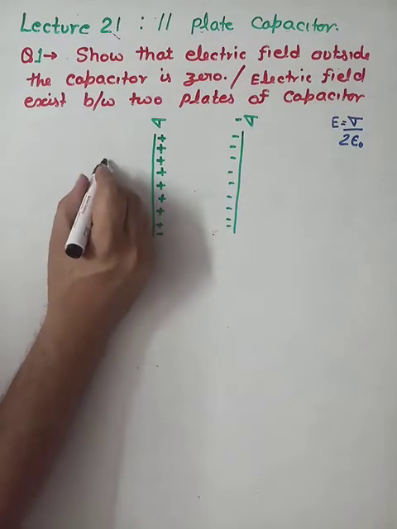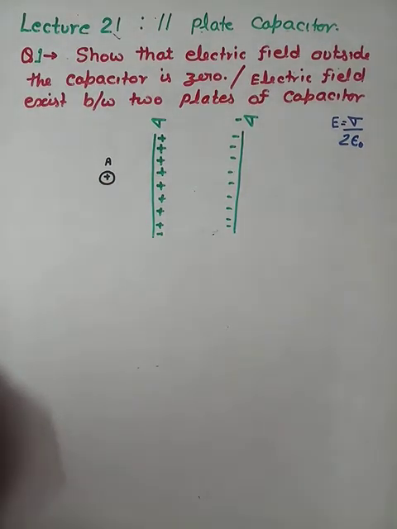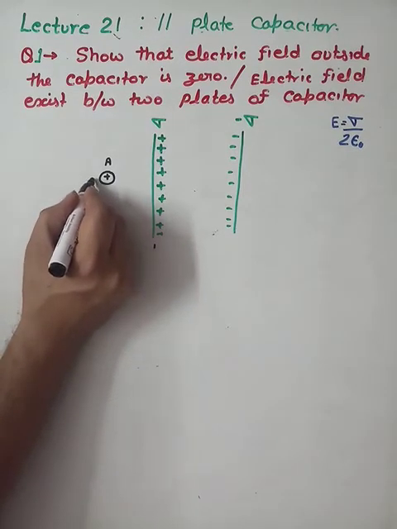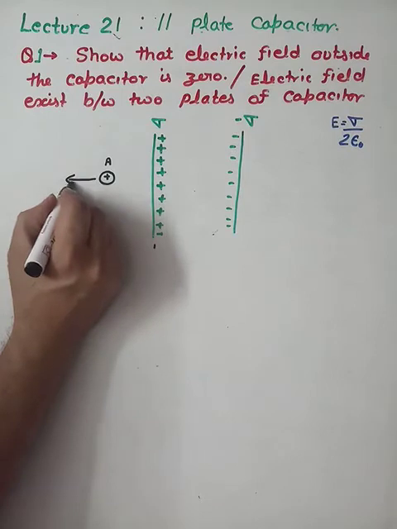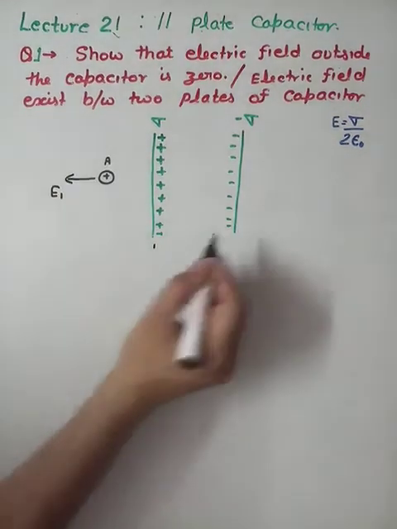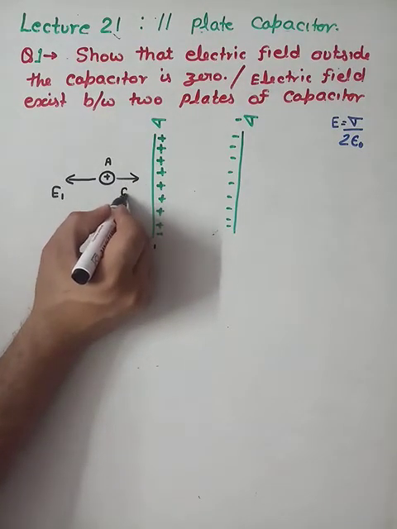One is this one, A. The point at which we have to find out the electric field, we assume a unit positive charge at that point. This first plate will repel this positive charge, therefore direction of field will be this one. We call it, due to first plate, E1. This second plate will attract it in this direction, it is E2.